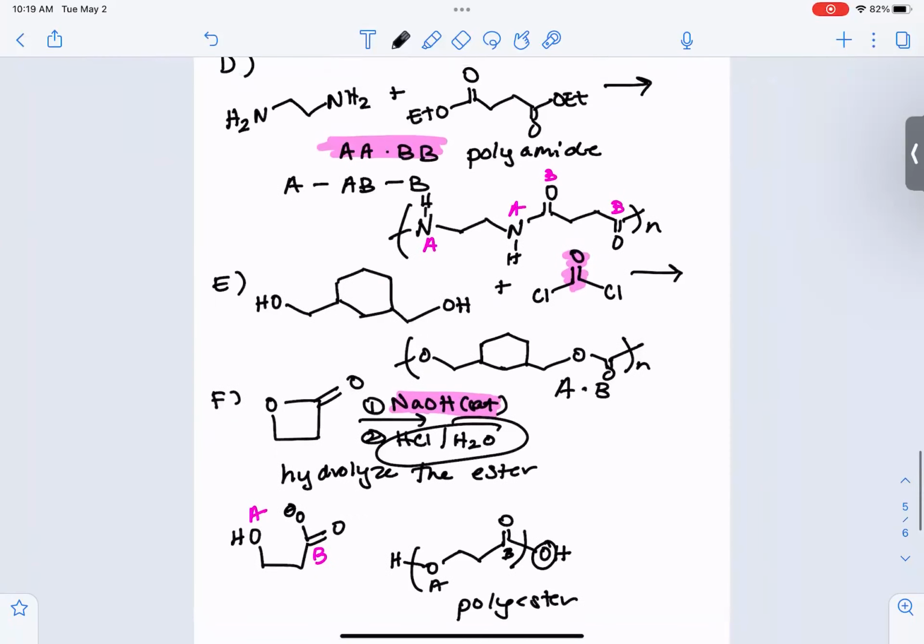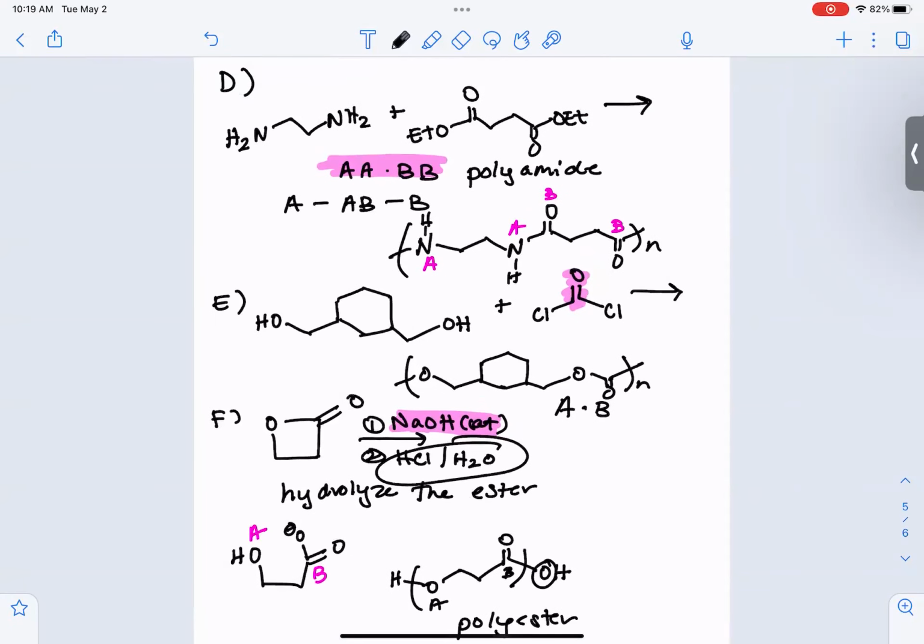Okay, D, E, and F. You can make a polyester because you're going to have an OH on one side and a carboxylic acid on the other, so you can self-react. A and B are on the same molecule. Whereas with D and E, the amine can only react with the esters.